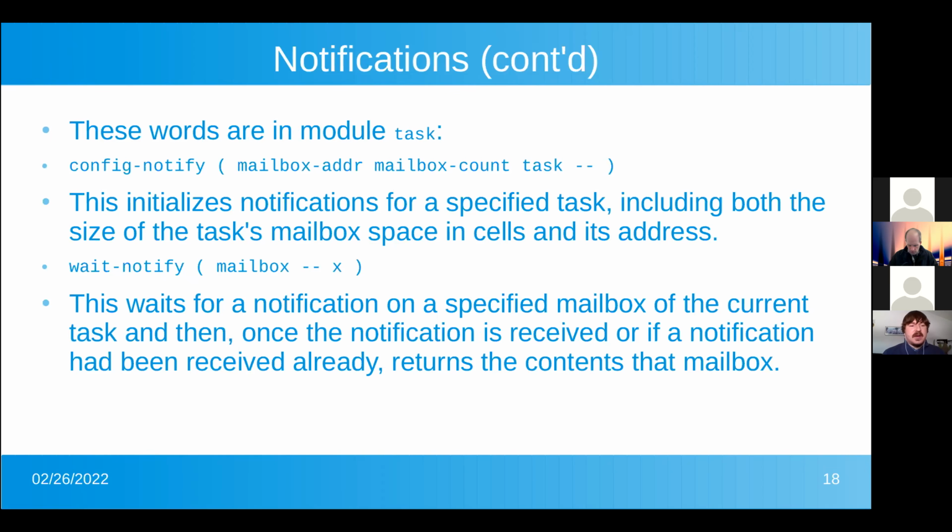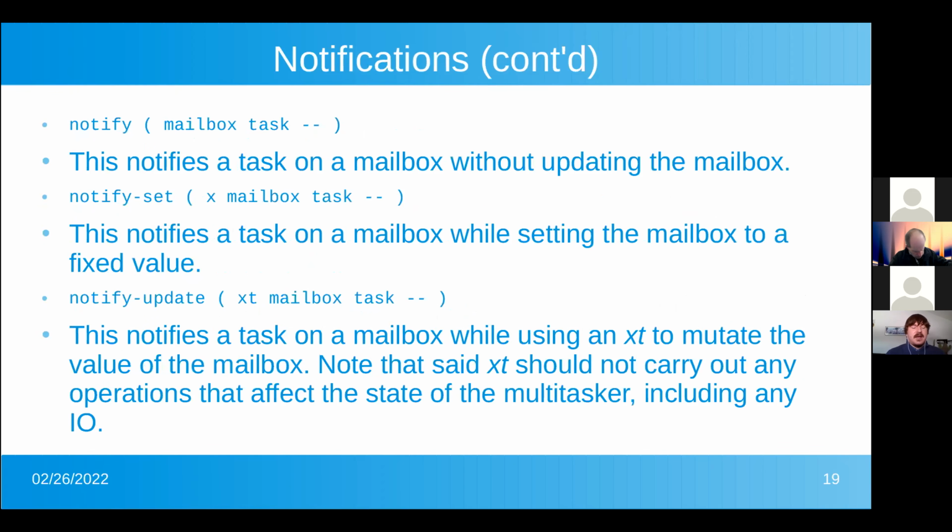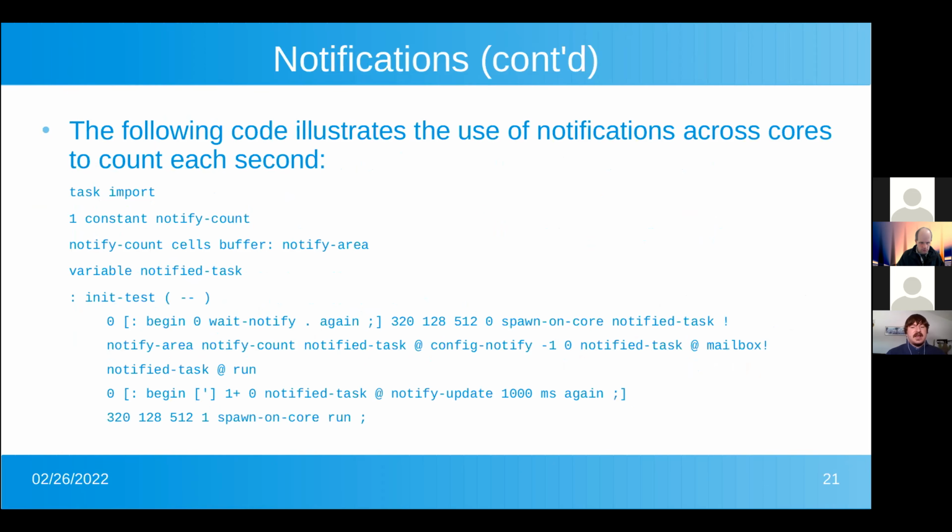And here's just some of the words to implement this. And here's an example which updates a counter every second, and it prints the counter on a task on core 0 while being notified from core 1.